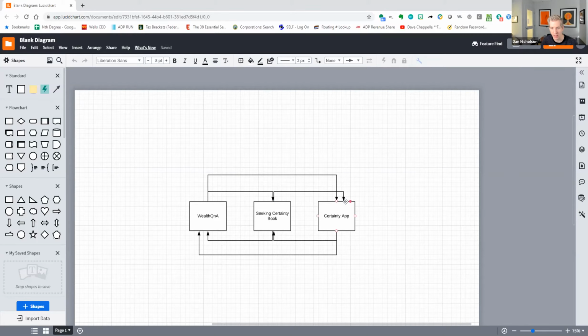Then it also feeds into an app, in this case the Certainty app. So by doing this Q&A, we're writing the book and getting the content for the Certainty app, and each thing references the other. The book references back to the Q&A, the app references back to the Q&A. It's a closed loop system where everything is feeding each other.